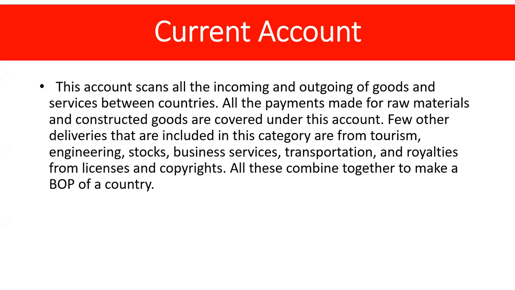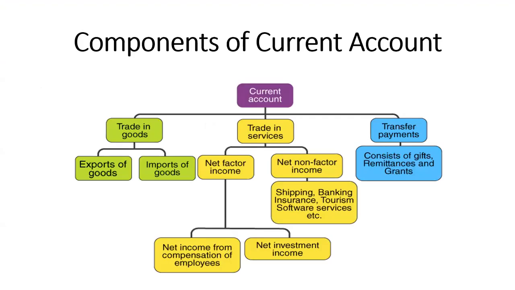Few other items included in this category are from tourism, engineering, stock, business services, transportation, and royalties from licenses and copyrights. These will all be included in the current account of balance of payment. All these transactions coming in the current account will contribute to making the balance of payment of a country.